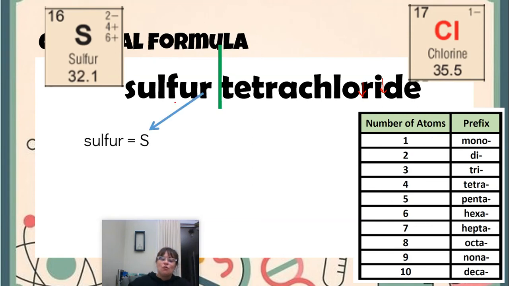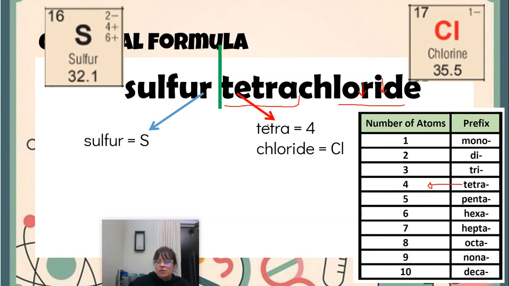So sulfur, my symbol is an S. And now I need to break this up. I have 2 parts here. I have the tetra, and I go over here. Tetra is 4. And then I have the chlorine or chloride, which is chlorine. So tetra is 4, chloride or chlorine is Cl. So to write my formula, because I only have 1 sulfur, I do not put a 1 there.